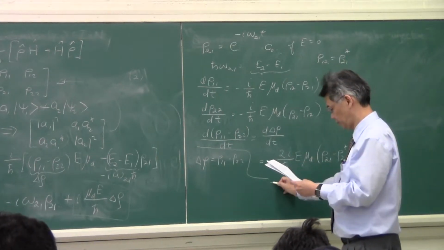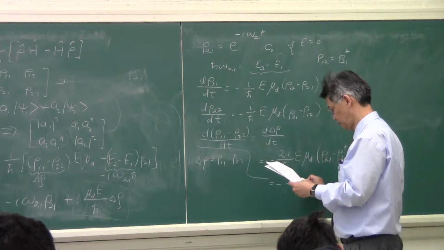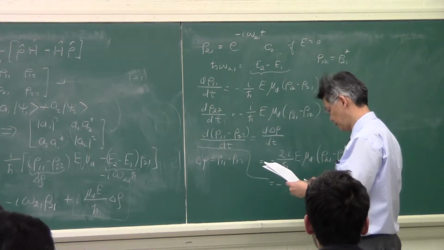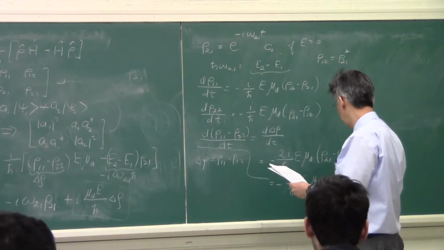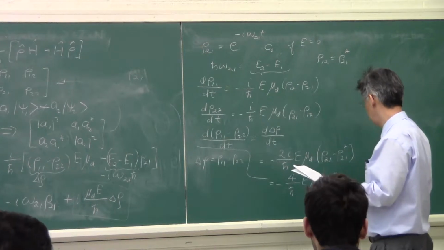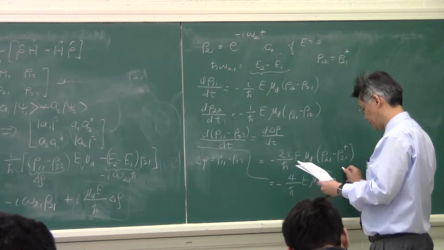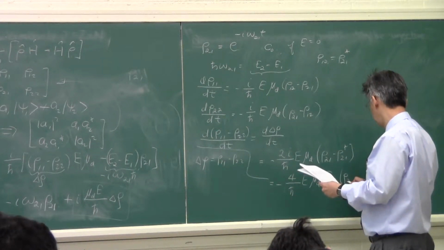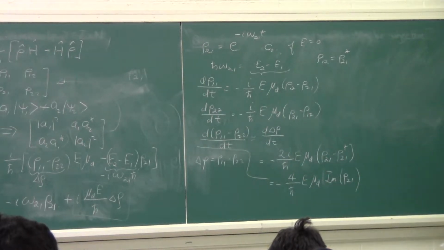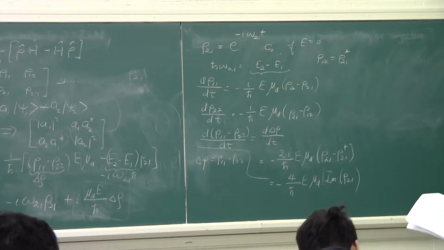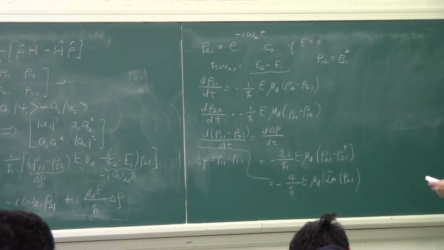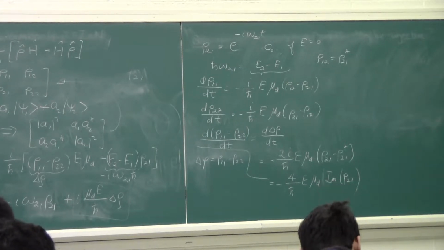So it's just equal to minus 4 over h-bar E mu d times the imaginary part of rho 2,1. Okay, so these are the two equations of motion that are important to us. And let's see how we can solve them.